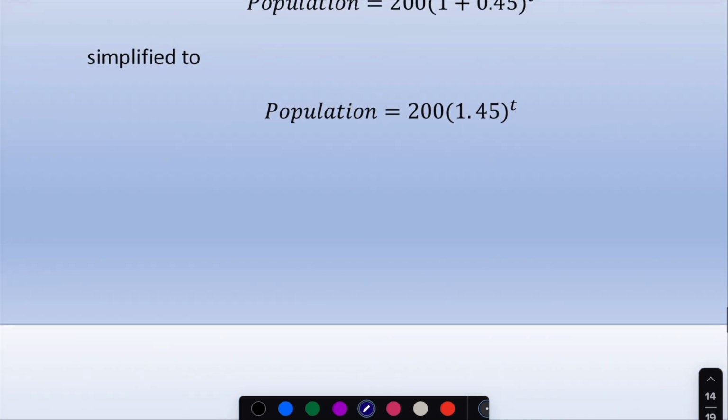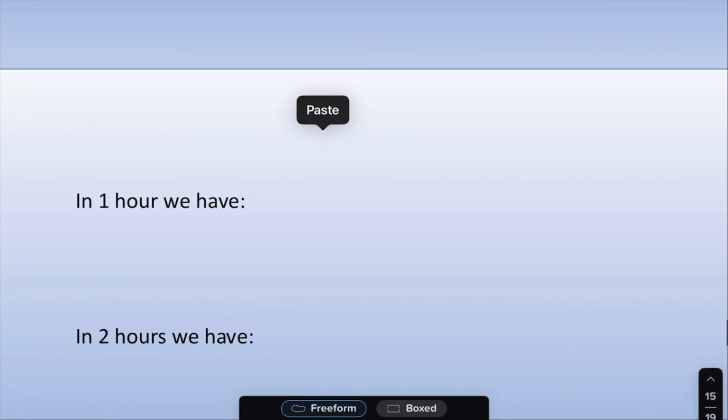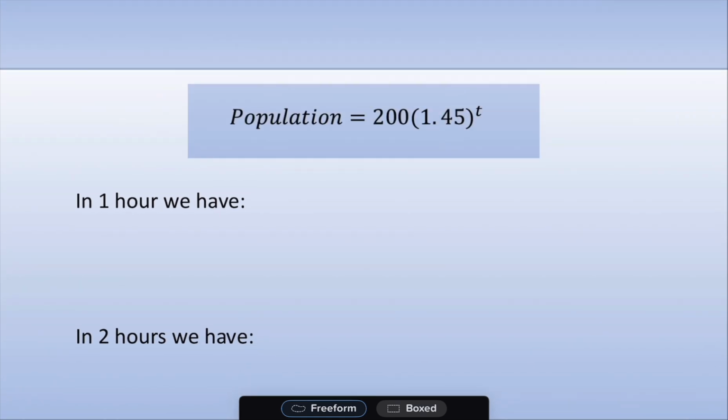So let me write down or copy this formula, and let me show you how we can use it. Okay, so there's the formula. So after 1 hour, it would be 200 times 1.45 to a power of 1.